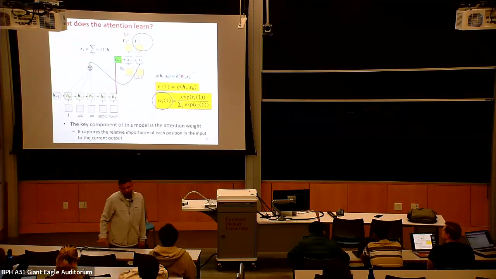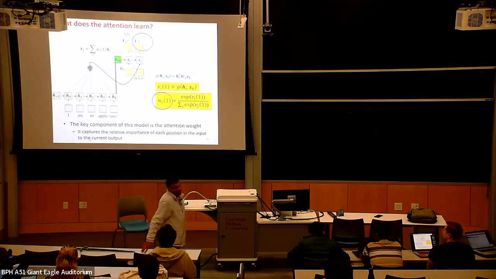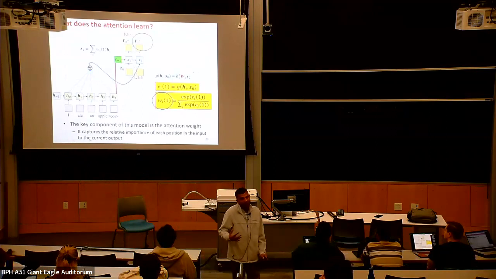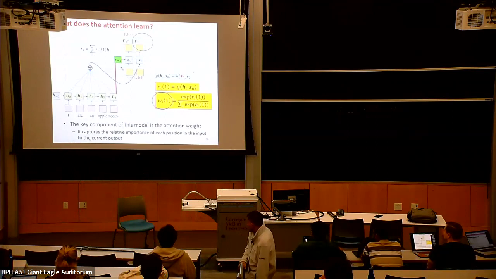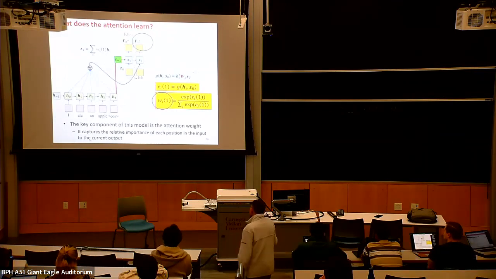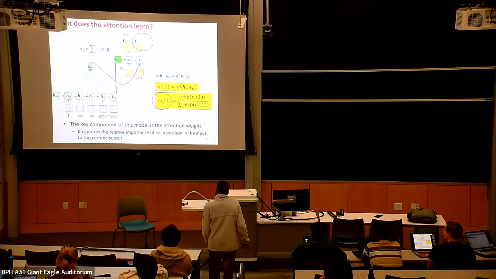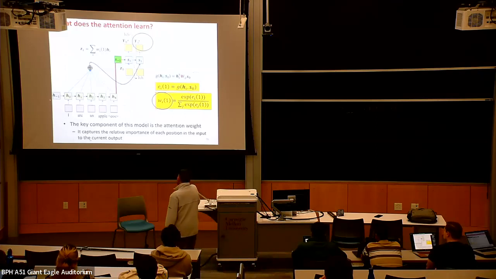So now, does this really work? For this to work, we are sort of hoping that this mechanism we chose to compute attention weights really does the right job. So what do these attention weights look like? The attention weights capture the relative importance of each position in the input to the current output.